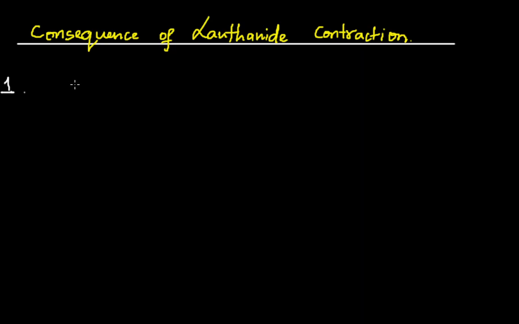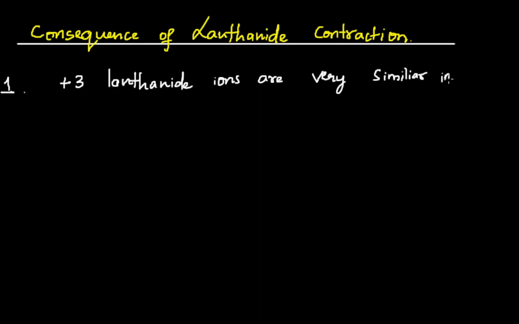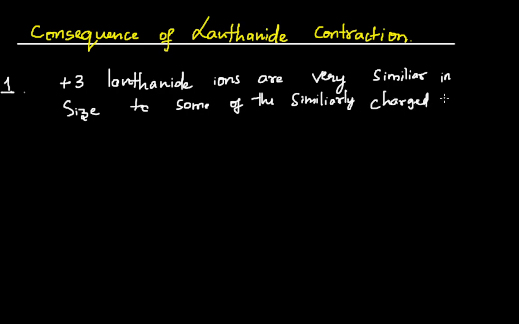First one, some of the plus 3 lanthanide ions are very similar in size to some of the similarly charged ions of the second row transition metals.